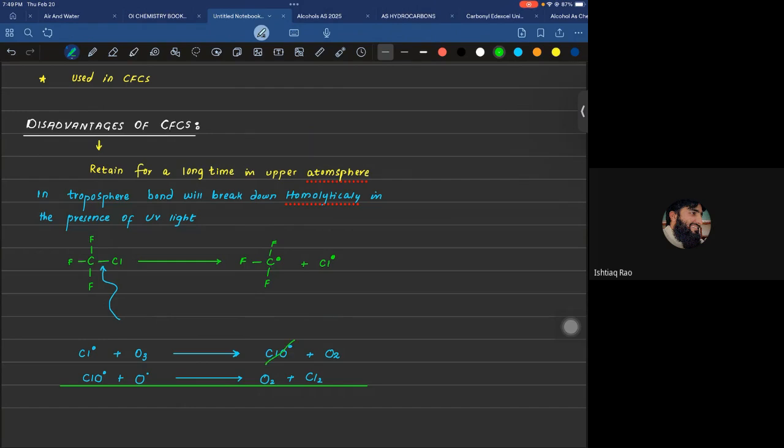तो ClO से ClO cancel, okay, और दूसरा ये के Cl dot, plus O3 plus O dot, it would be giving us 2O2 and then Cl2.